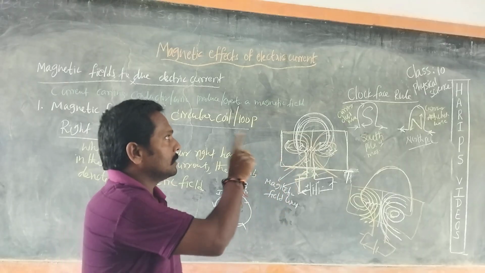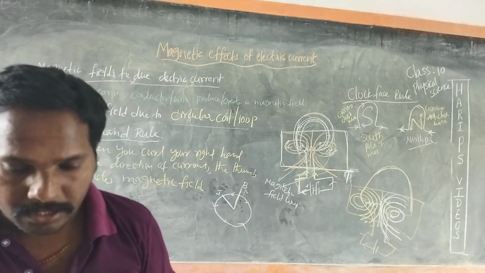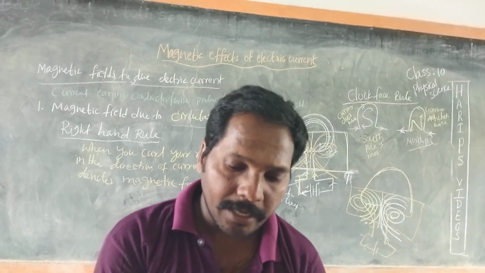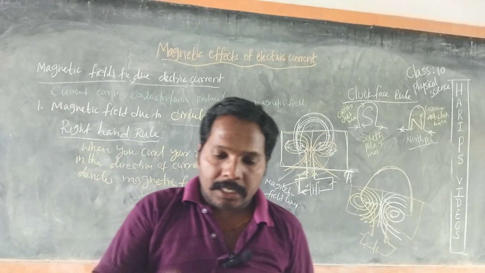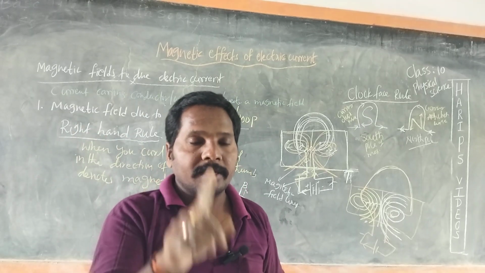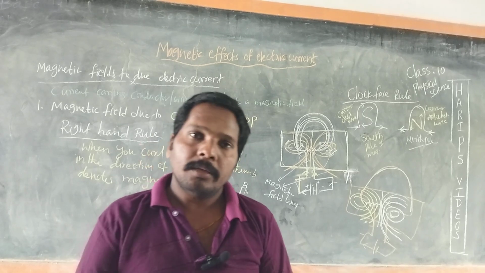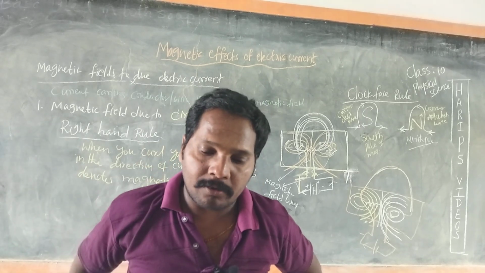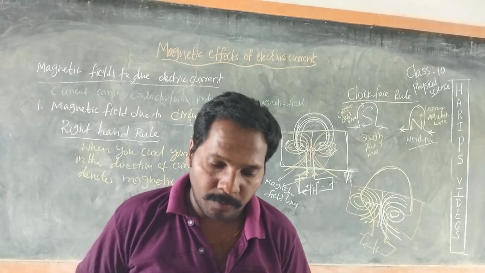So this rule is called the clock face rule. If the current around the face of the circular wire flows in a clockwise direction, that face of the circular wire will be south. If the current is anti-clockwise, then the face of the circular coil is the north pole.